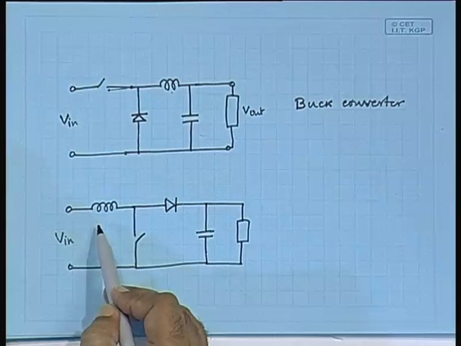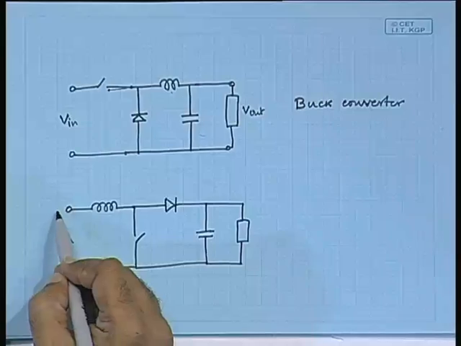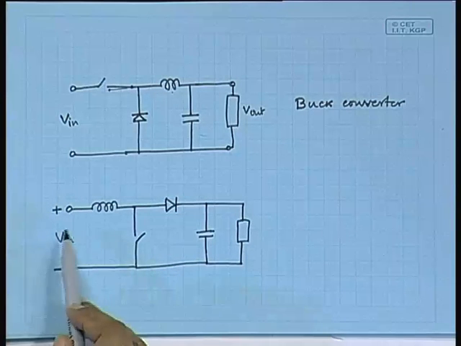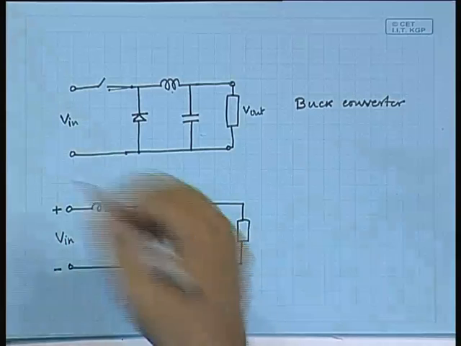The inductor current drops. Inductor current drops means the di dt becomes opposite. So, here if the voltage polarities are like this, initially when it was on it will be plus and minus, when it is off it will be reverse.